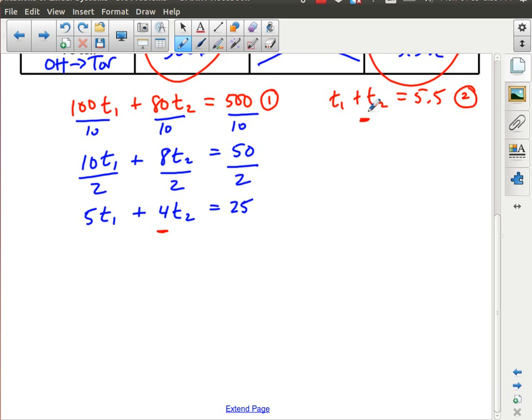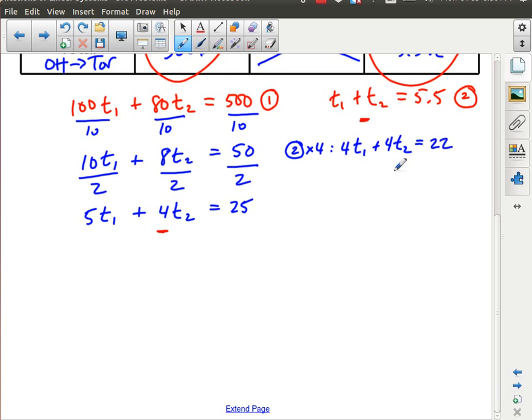The way I do that is I multiply equation number 2 by 4. That becomes 4t1 plus 4t2, and 4 times 5.5 is equal to 22. 2 times 5.5 is 11, and then double that again is 22.